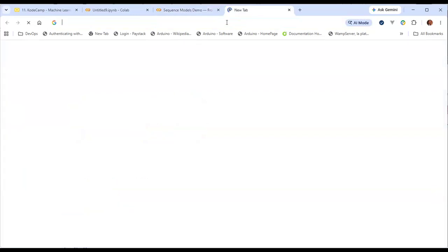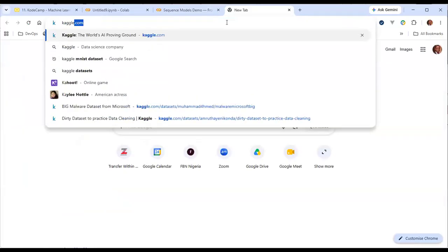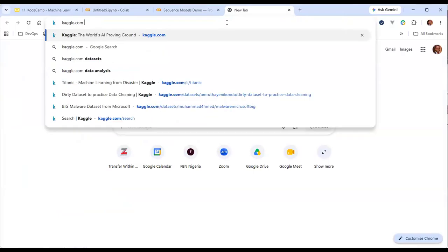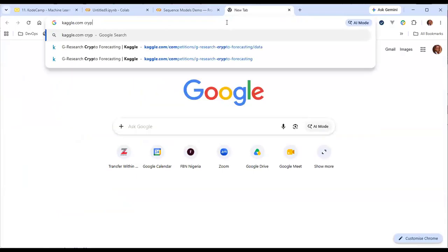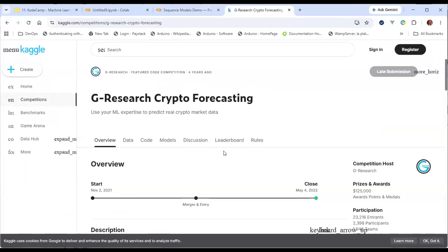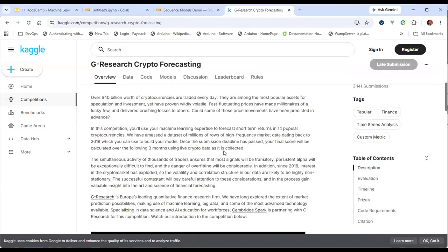So there's a data set on Kaggle that we will use, crypto forecasting. Okay, we're going to use this. This crypto forecasting data set is basically a research data set.